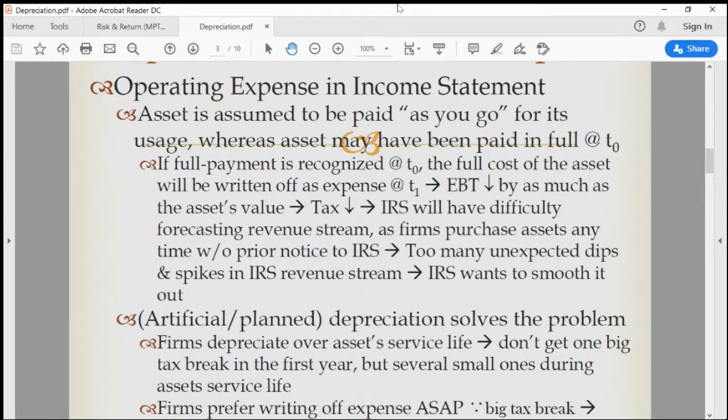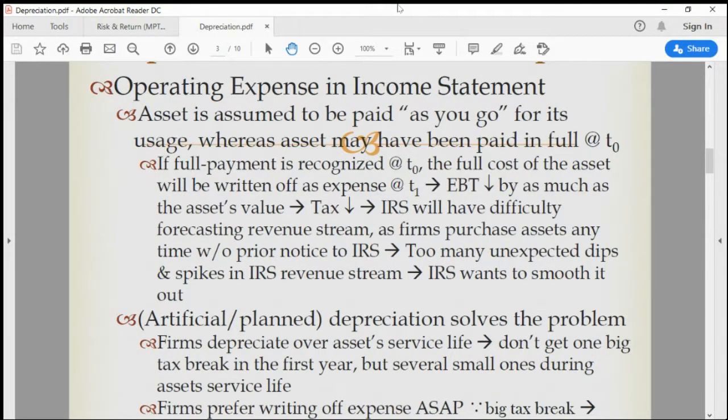So the actual tax revenue stream will coincide more with the tax revenue forecast. This is the other side of it, the other aspect of depreciation.